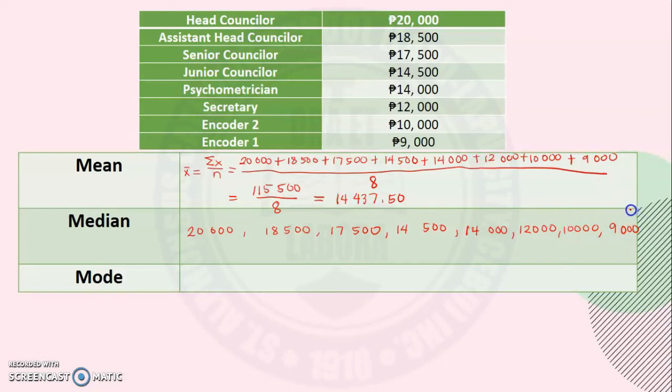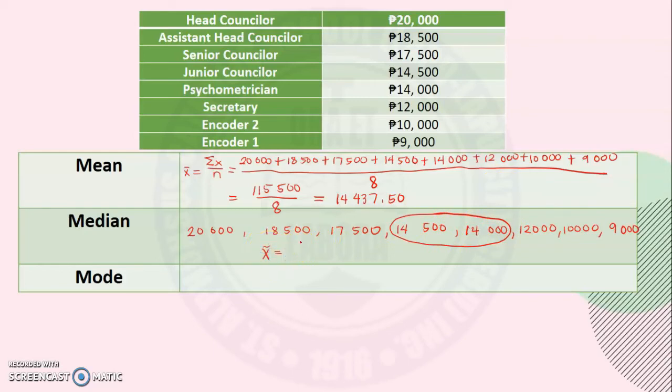Now let's find the middle values. Since there are 8 values here, that means there are 2 middle values, and these are 14,500 and 14,000. Since there are 2 middle values, let's find the mean of these 2 values. To get their mean, we will add.